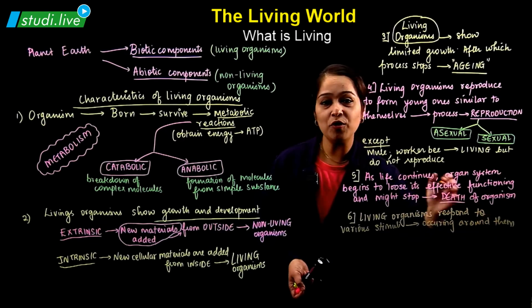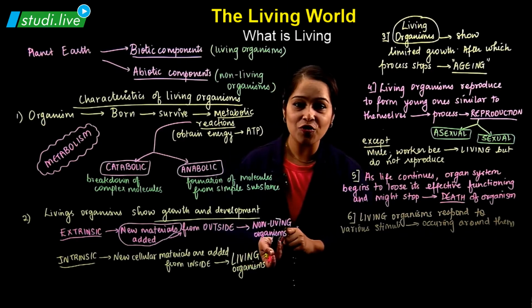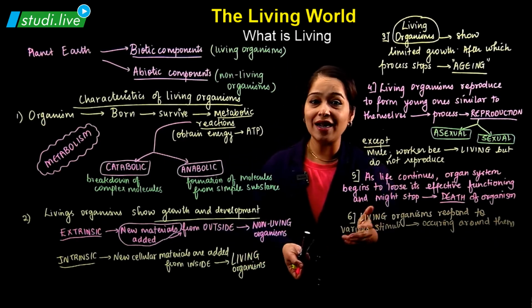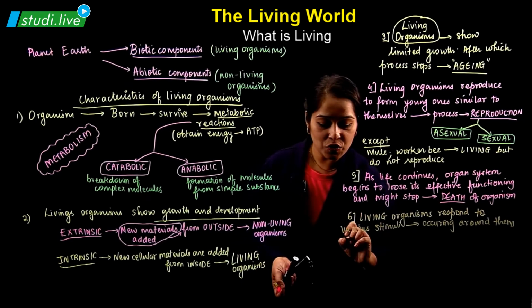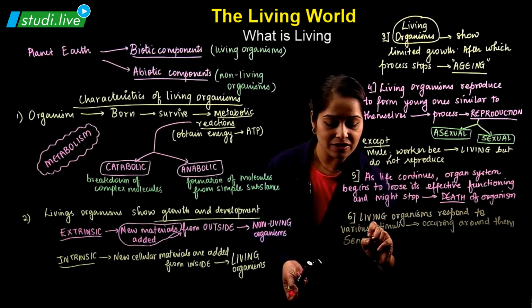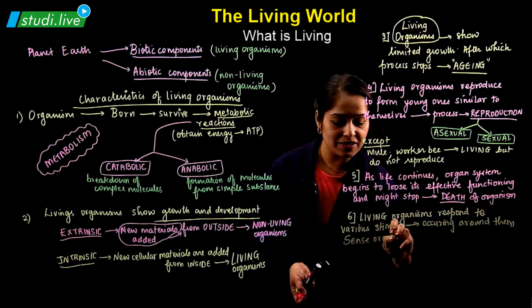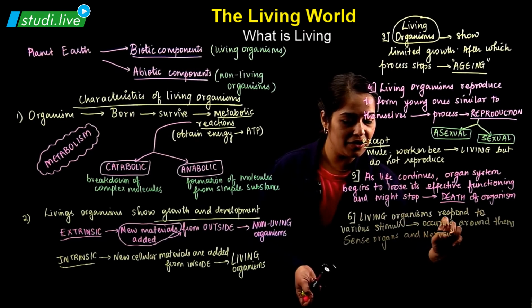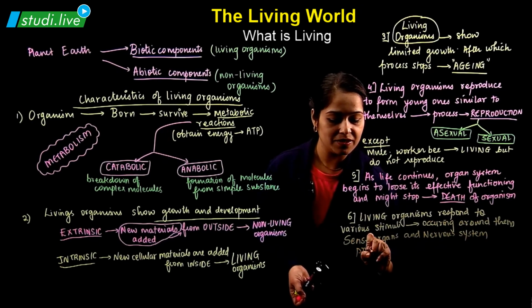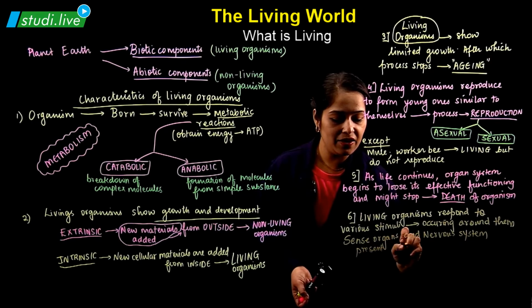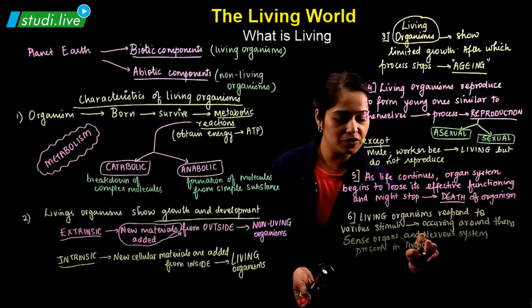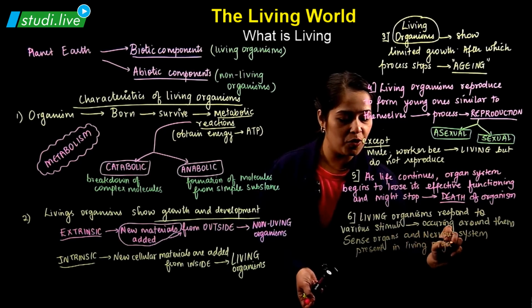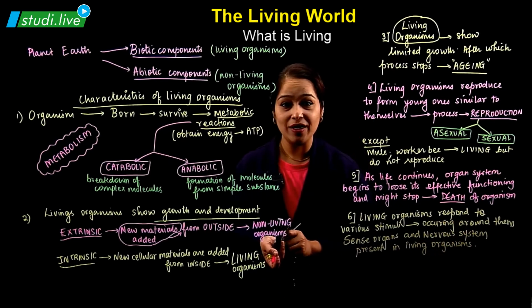They can respond to biochemical, physiological, physical, all kinds of stimuli. This is due to the presence of sense organs and nervous system which is present in living organisms. So because of that, they can respond to various changes occurring in the surroundings.